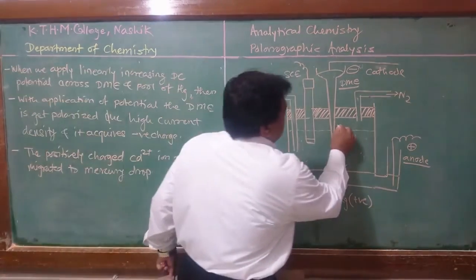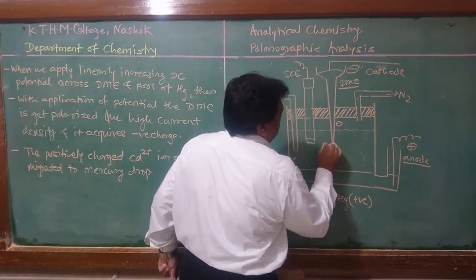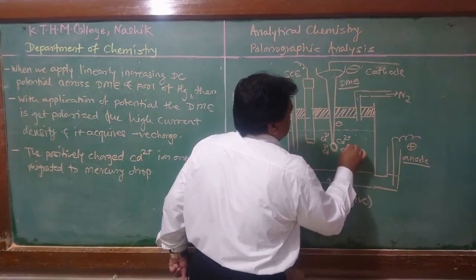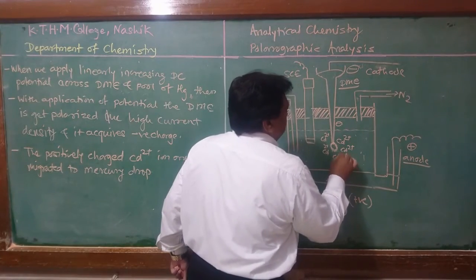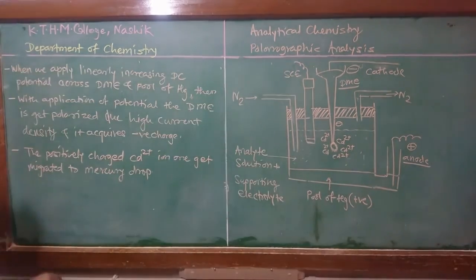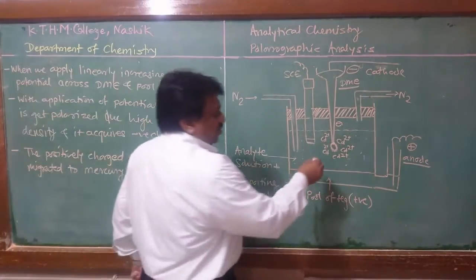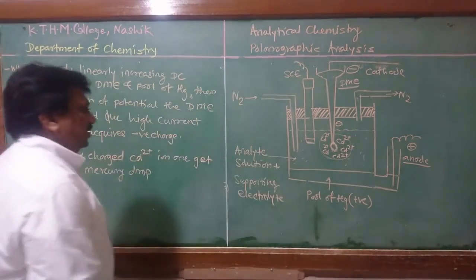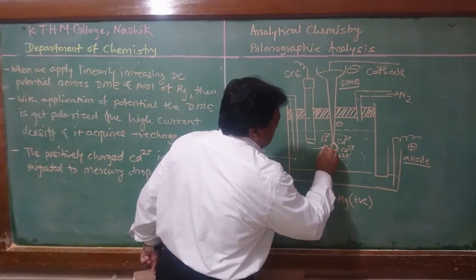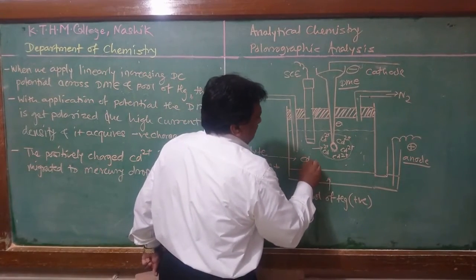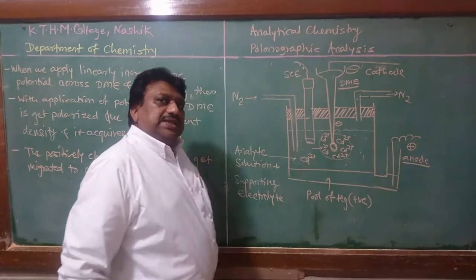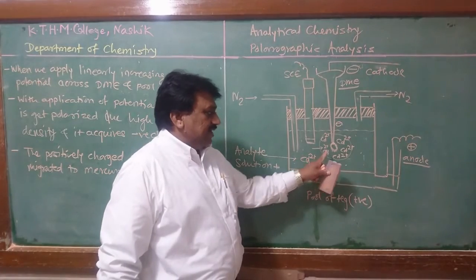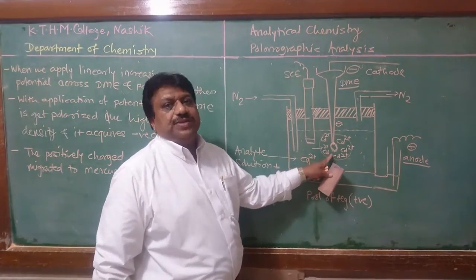Therefore here, as this electrode is negatively charged, cadmium ion which is near the electrode surface first gets migrated, and when potential reaches sufficiently high, then there may be a reduction of this cadmium ion. The cadmium ion present in this region of solution and cadmium ion present in the bulk of the solution create a concentration gradient. Again, this cadmium ion migrates to this region because of the diffusion process.